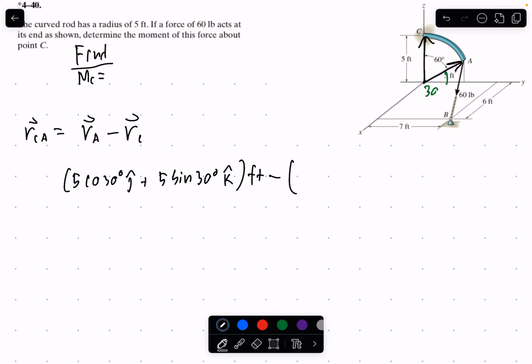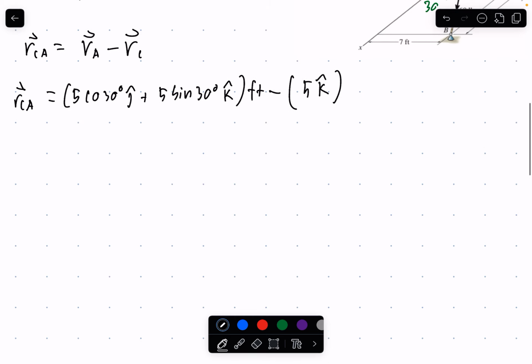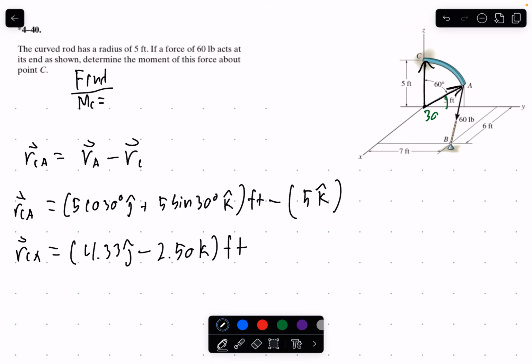It's simply going to be 5 in the k hat direction. And if we simplify that, we should simply get 4.33 in the j hat direction, and we should get negative 2.5 in the k hat direction. And that's all going to be in feet, as given in our problem.